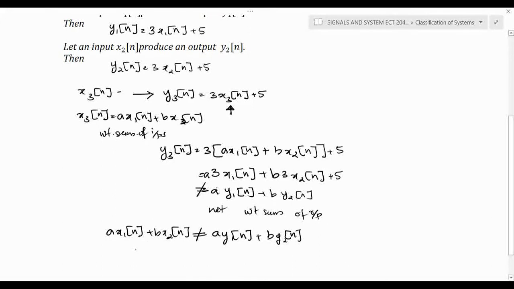So the system does not obey the linearity property, so the system is non-linear, because we cannot group it into the a y1 of n form. Now we'll see the next question.